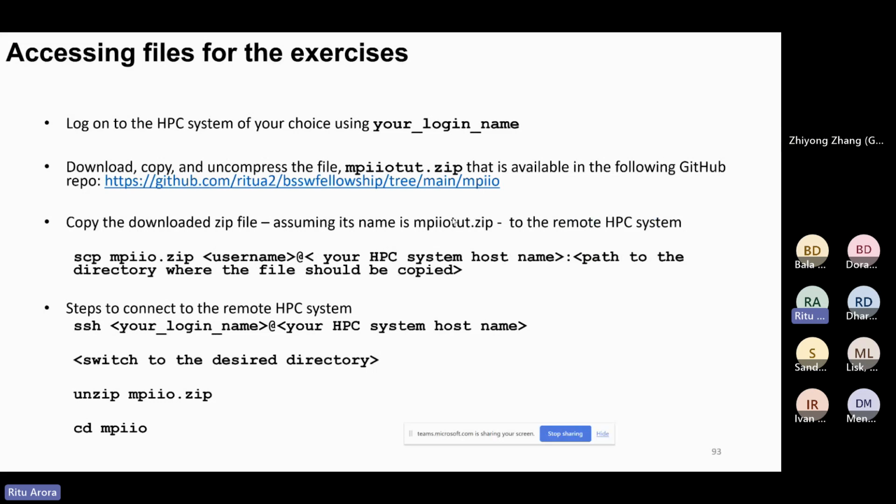So you're welcome to get the files directly from GitHub or from Google Drive, and copy them onto your HPC system of your choice. And then once you have logged in onto the HPC system and copied your data there, you might want to unzip the file titled MPI io.zip and cd into that directory.